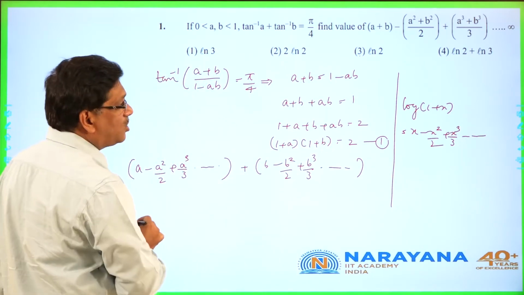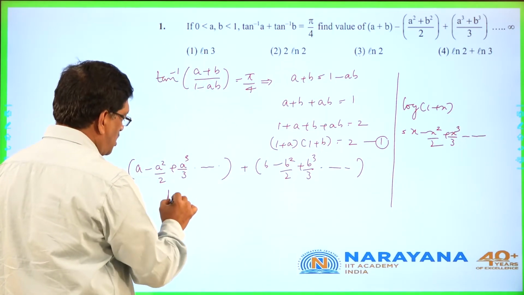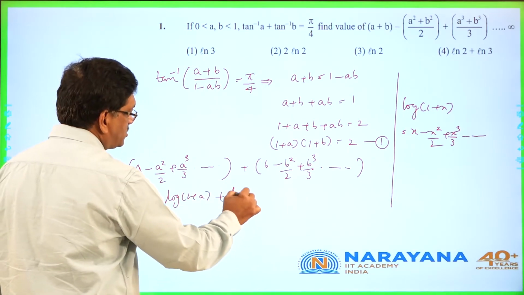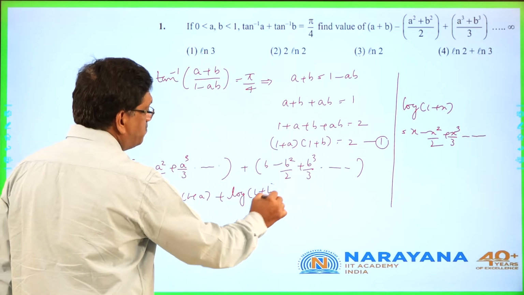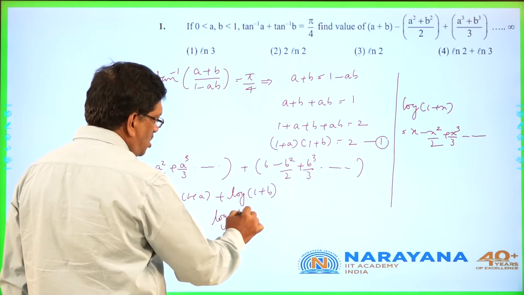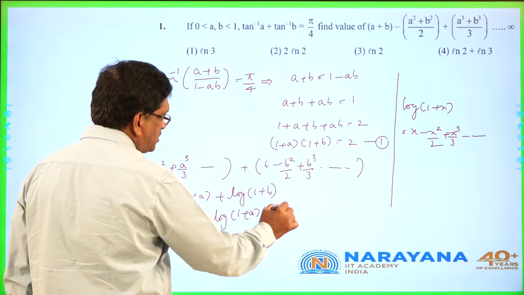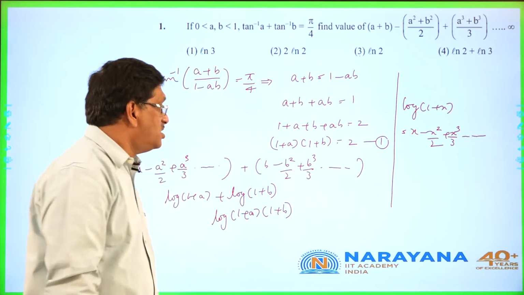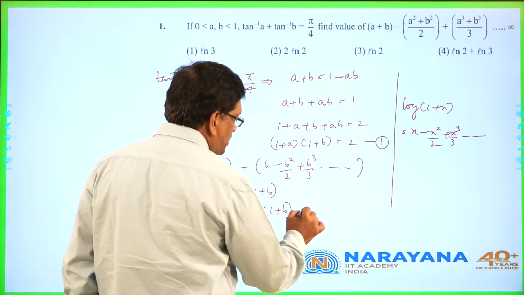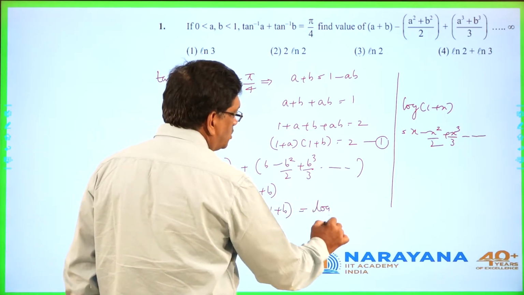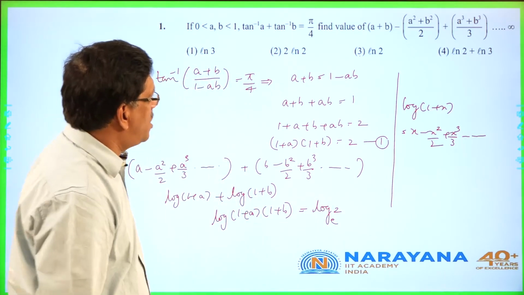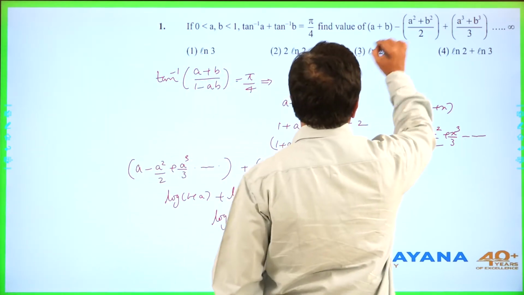If you observe, it is nothing but log(1 plus a), whereas this is log(1 plus b), right? Log a plus log b is log of ab, that is (1 plus a) into (1 plus b). Already we got from the first equation (1 plus a) into (1 plus b) equal to 2. It is log 2. So this is the answer for question number 1.